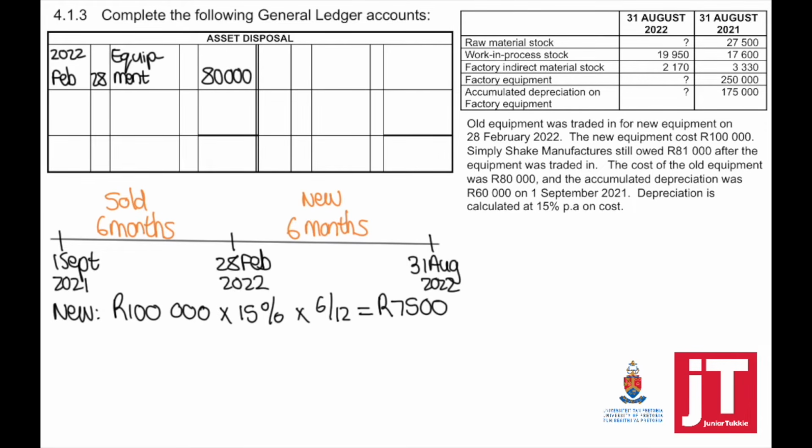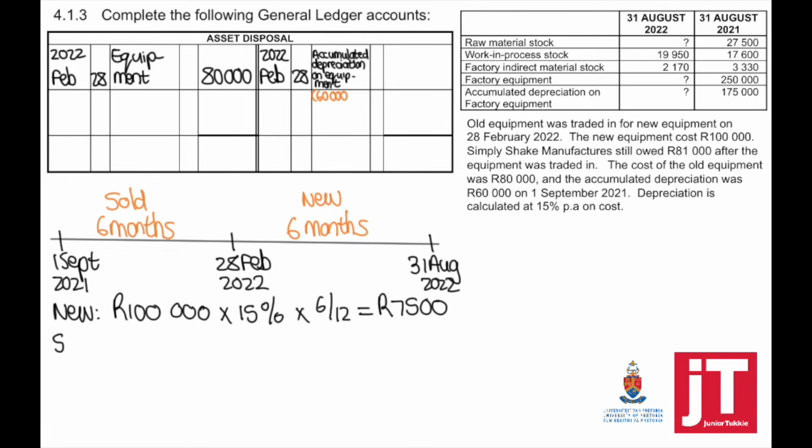Step number 1 in asset disposal, take the cost out of equipment to the asset disposal account. Remember your steps. Step number 2, update the depreciation from the beginning of the accounting period until the day that we've sold it. Step number 3, record the selling price. Step number 4, calculate if we made a profit or a loss.